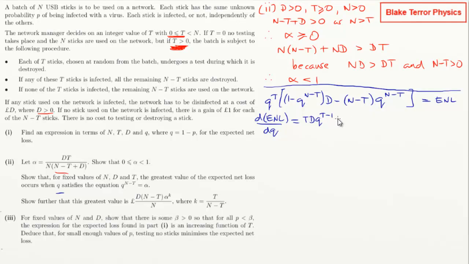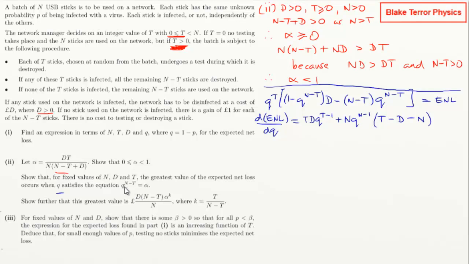So what am I going to get on all of this? It's all q to the n stuff. So plus n, q to the n minus 1, and then the t is the positive one, and then minus a d and minus an n. So that was handy that there were so many q to the n's. Okay, and I'll think about whether it's a maximum or minimum in a minute doing the second derivative.